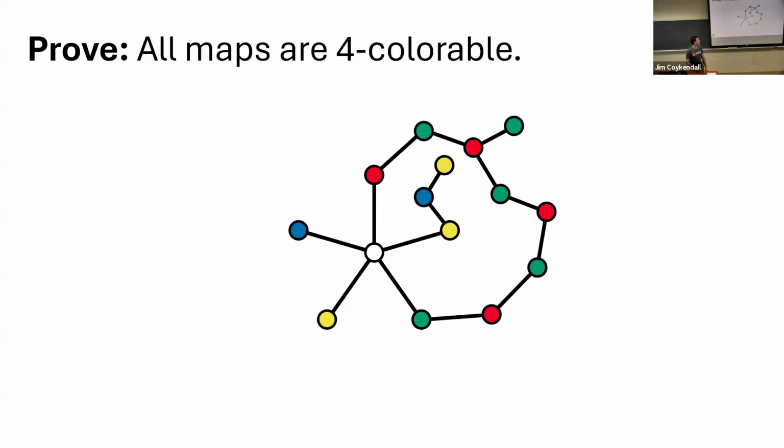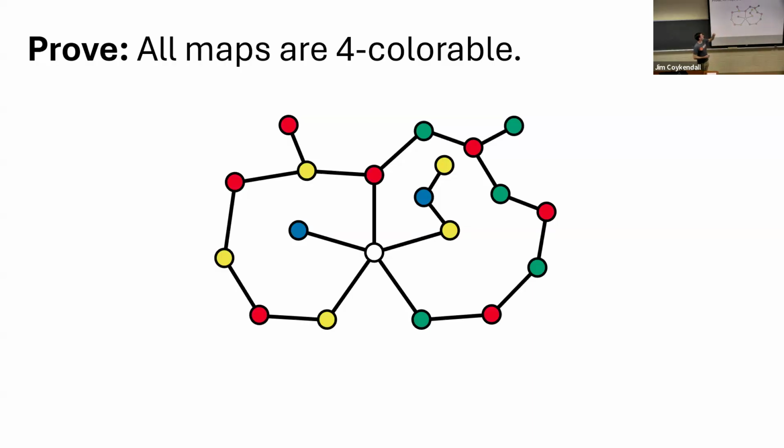Well, how about we do the same thing with the red-yellow Kempe chain, like this. If the red-yellow Kempe chain doesn't connect, we can invert it and free up red. And if it does connect, then now it's trying to separate this blue from that green, right? So the same thing on the other side.